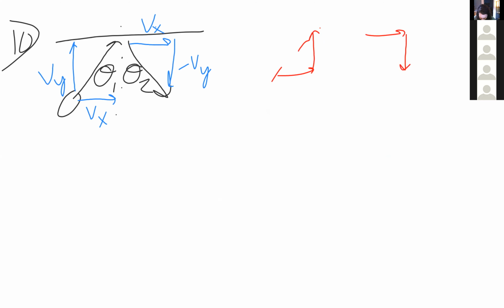In both cases, I want the angle off of the normal. Those are my resultant vectors. Here's my incoming angle and this is my outgoing angle, so I want to find theta2 in terms of theta1. The tangent of theta1 would be the opposite, v sub x, over the adjacent, v sub y.